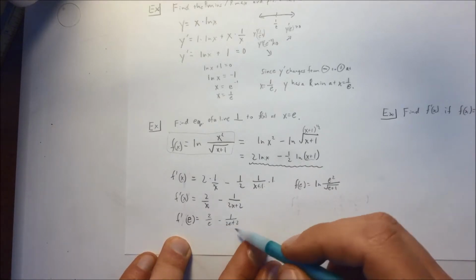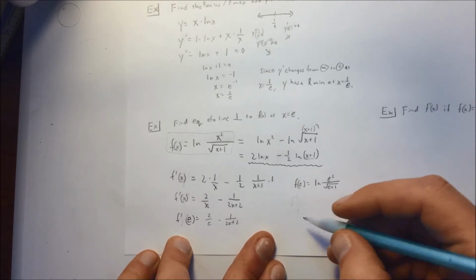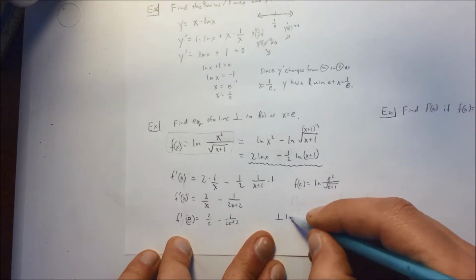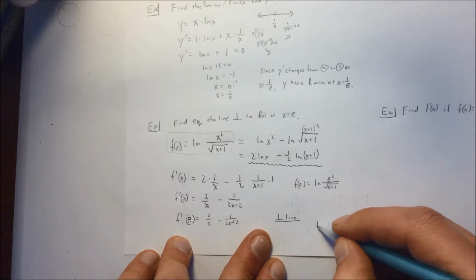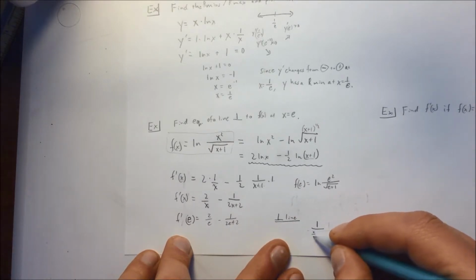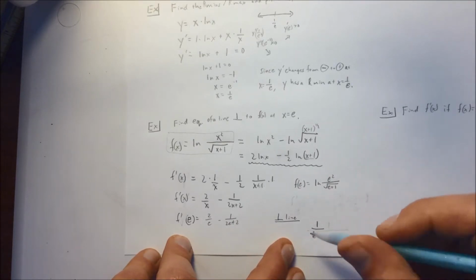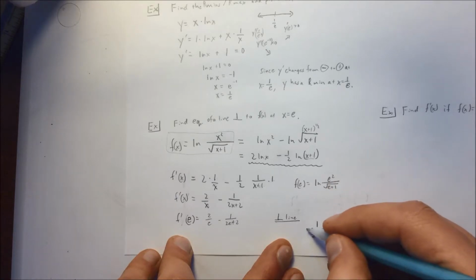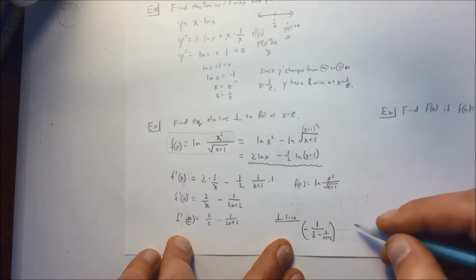Now we're not going to go through all the simplification here, but suffice to say the slope of a perpendicular line is going to be 1 over 2 over e minus 1 over 2e plus 2. So we've got to flip that fraction and change the sign. So that's the slope of the perpendicular line.